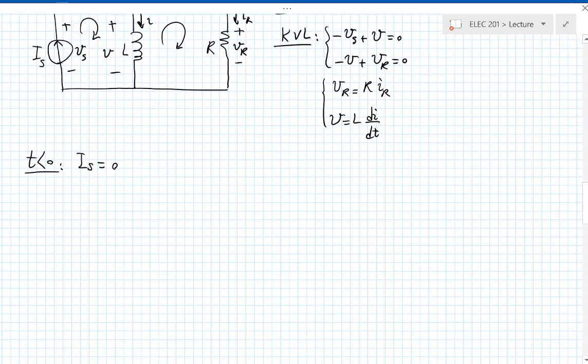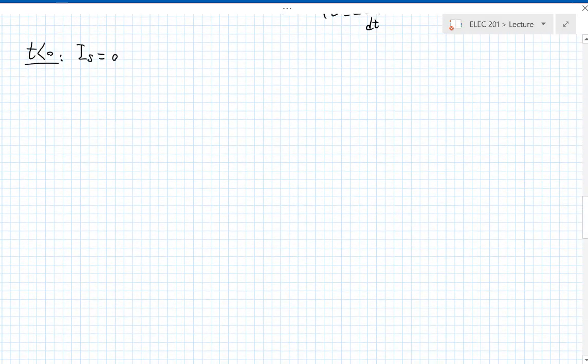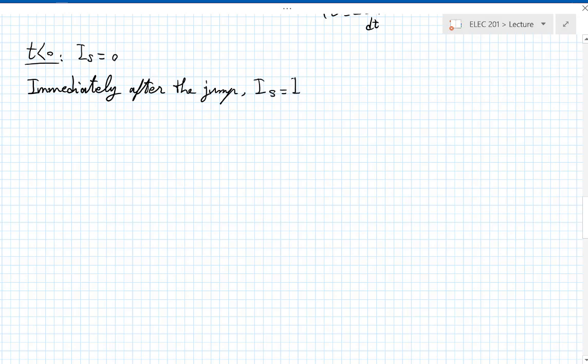After the jump happens, immediately after the jump, IS is I naught.